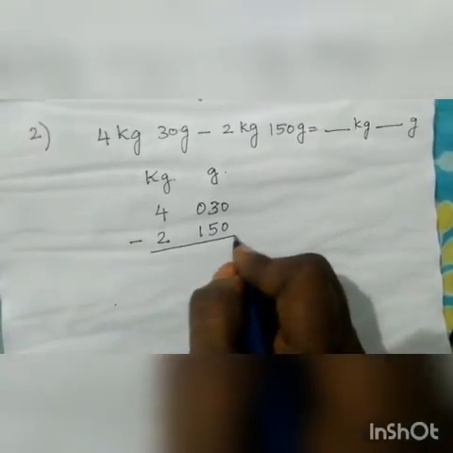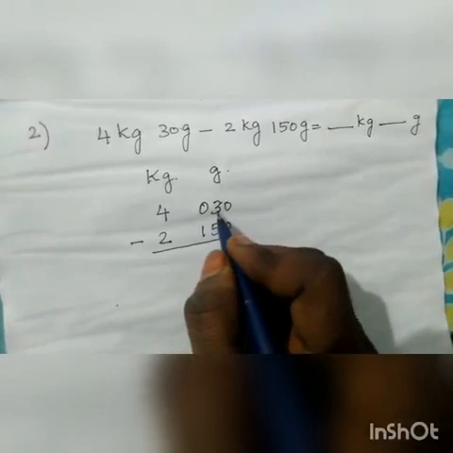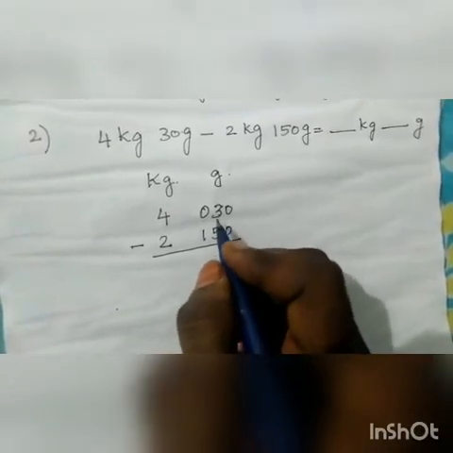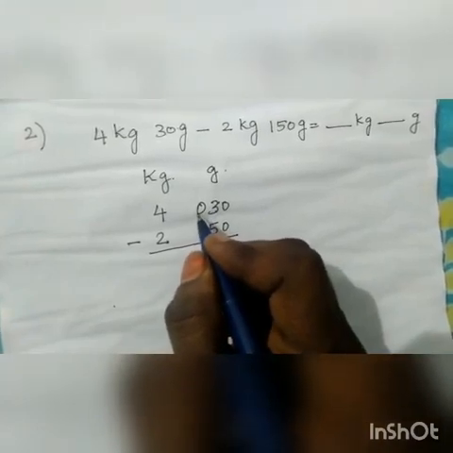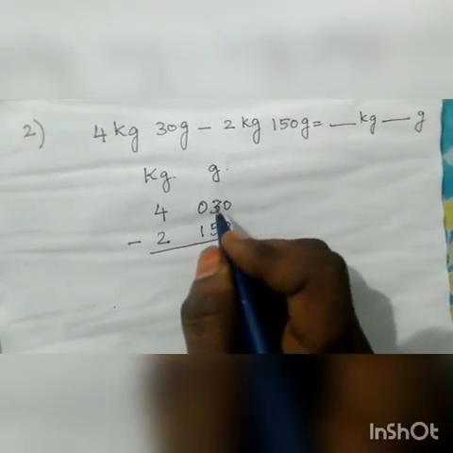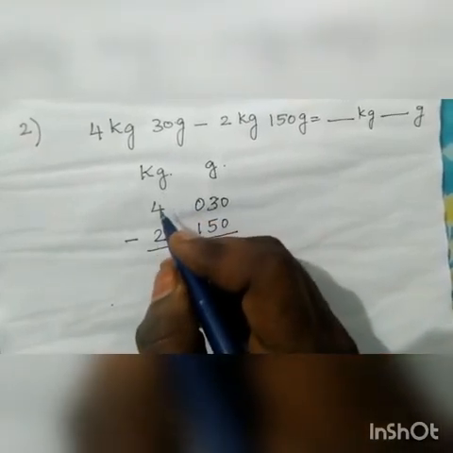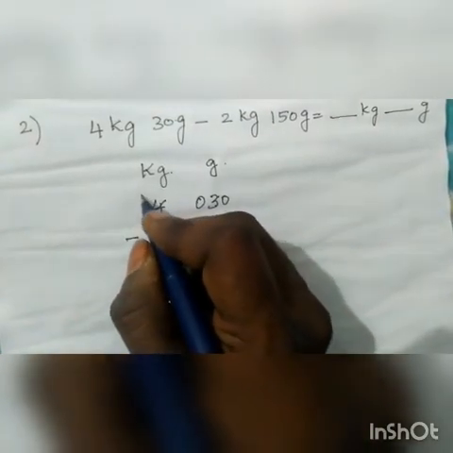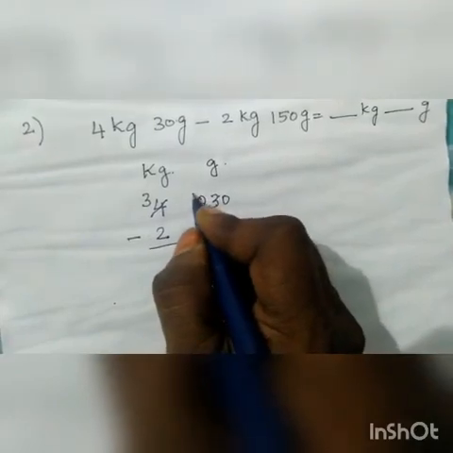Now subtract these values. 0 minus 0, 0. Can we subtract 5 from 3? No. So we have to borrow from the next place. Here 0, so we cannot borrow from the tens place. Again we have to get one value from 4. If you give one value, then it will become 3. This 0 becomes 10.